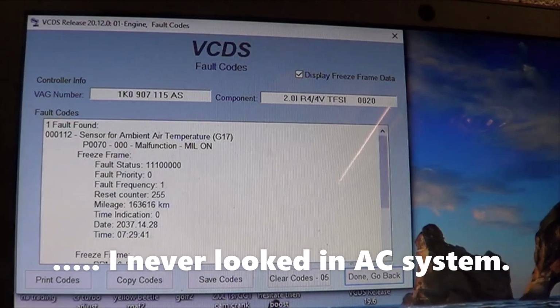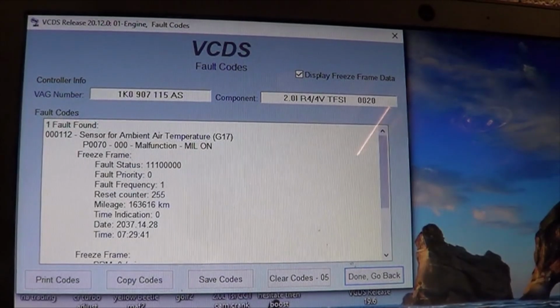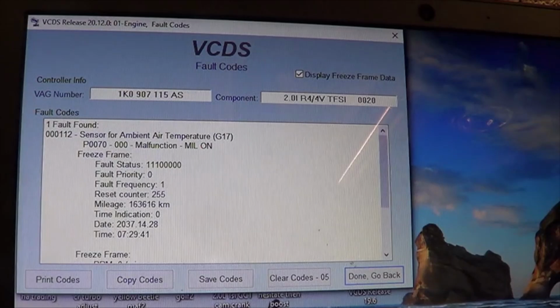So I'm not having any luck finding a measuring block for the ambient air temperature sensor in the engine computer. I also spent some time looking up in my technical service subscriptions to see if they would identify the measuring block for it, and I can't find it anywhere. So that's a little frustrating. A little bit of time wasted, but so I'm going to change gears a little bit, and I've already done this.